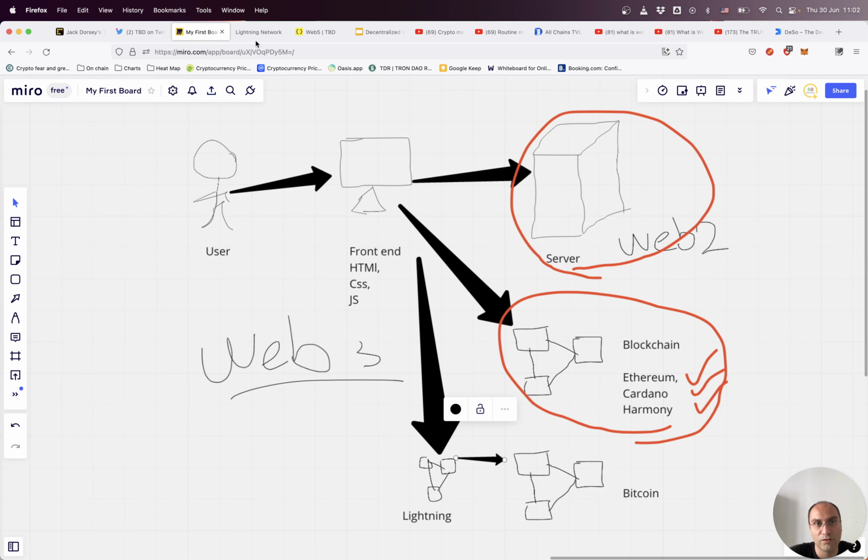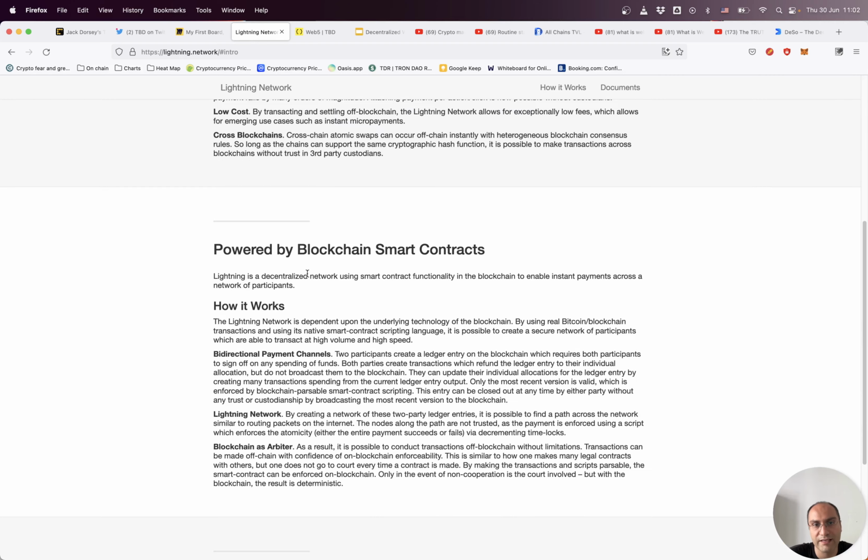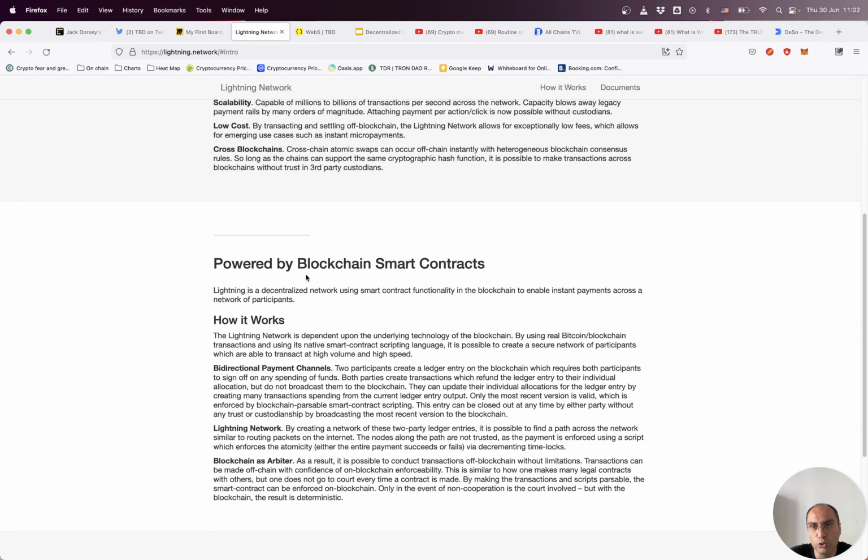But what is Lightning? Lightning is a layer 2 solution on Bitcoin. It is more or less similar to what we can see with Polygon. Most people are now familiar with Polygon because Polygon has a token, but Lightning does not have a token.